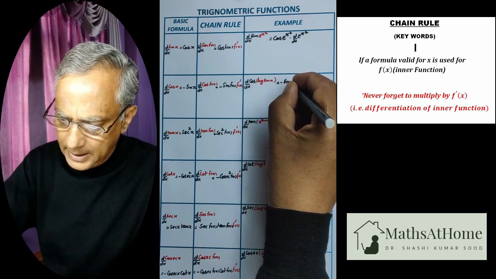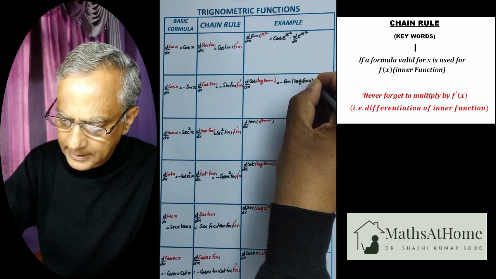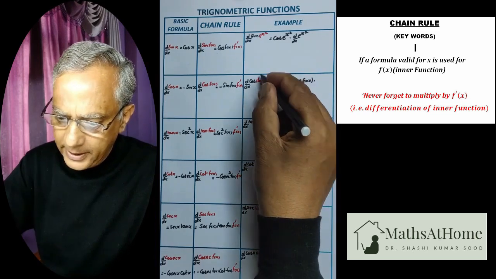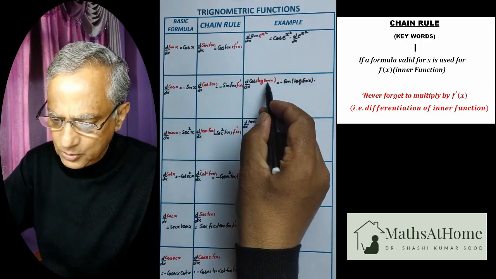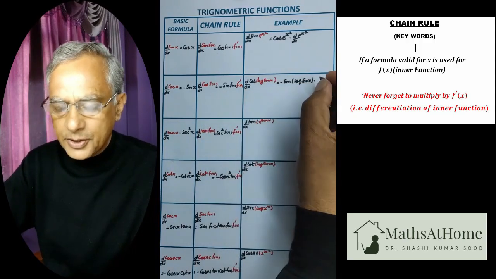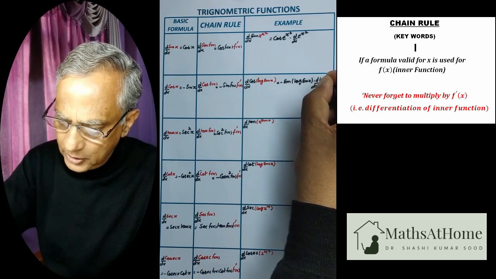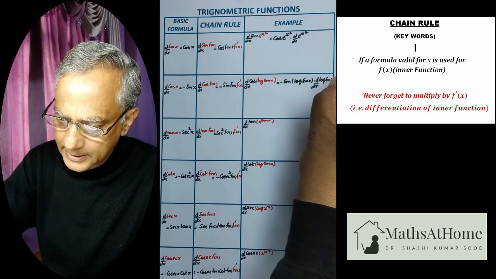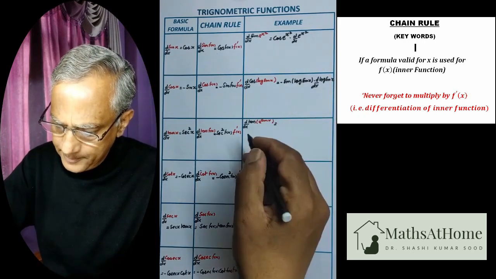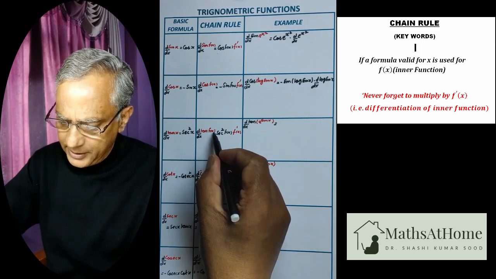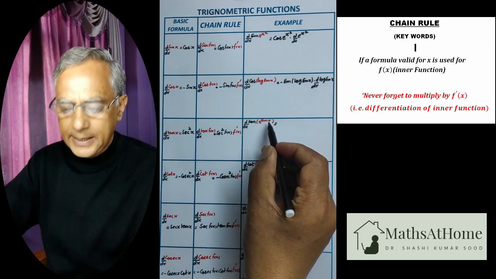Here it will be, differentiation of cos is minus sine, log sine x into d by dx of the inner function. Fx is this. Instead of fx we have this. So this is the inner function, and d by dx of the inner function is d by dx of log sine x. Here now we have tangent of fx, where fx is e to the power of sine x.